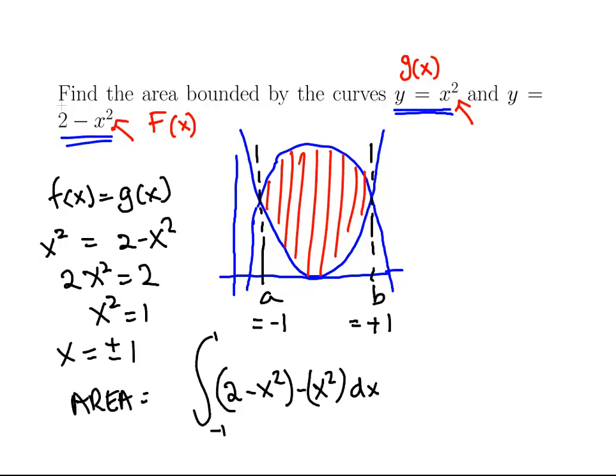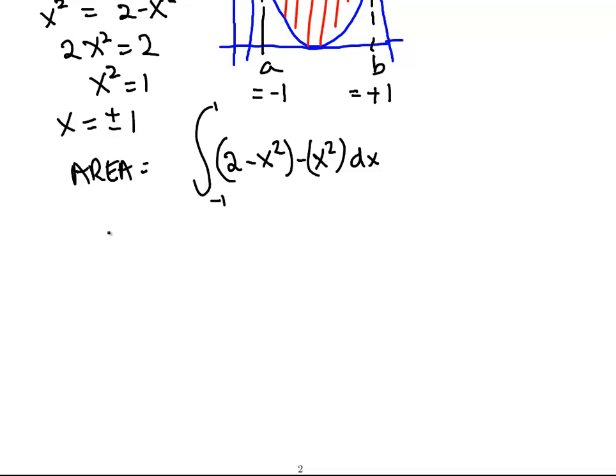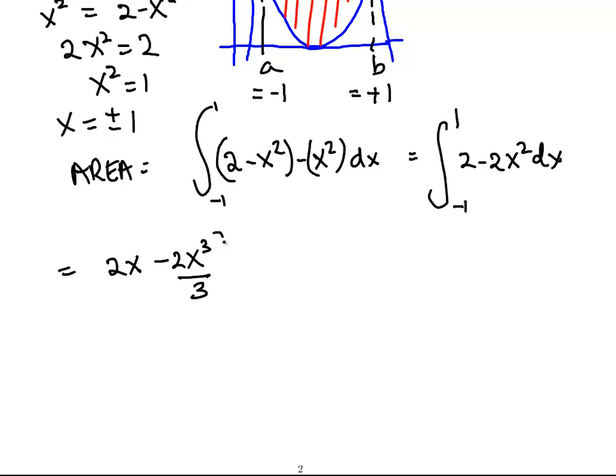So let's compute that. That is equal to the integral from minus 1 to 1 of 2 minus 2x squared dx. That is equal to 2x minus 2x cubed over 3, evaluated at 1 and minus 1.